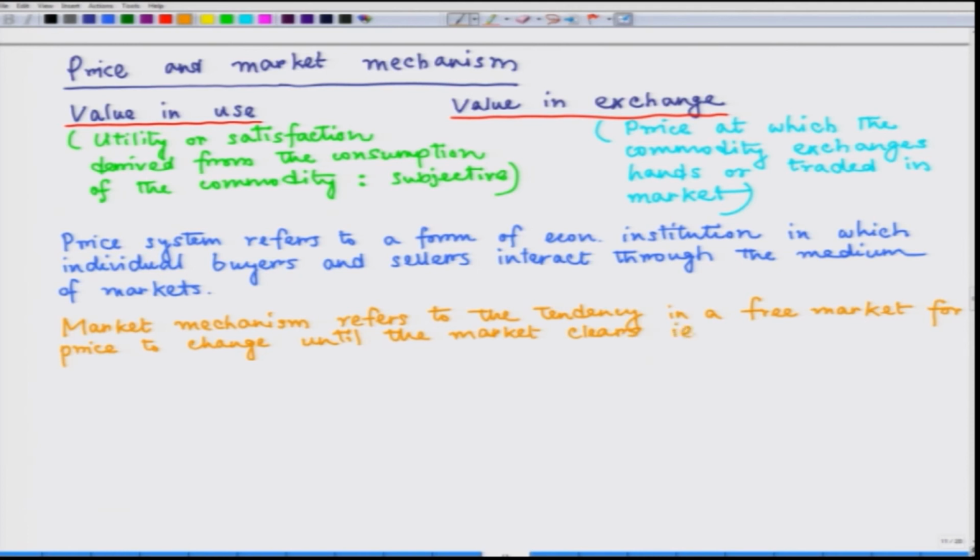It implies quantity demanded equals quantity supplied.